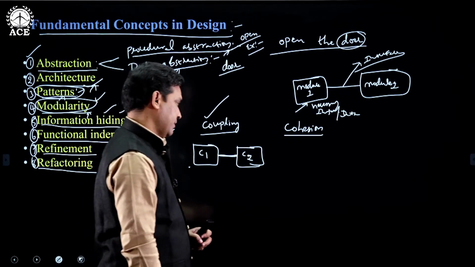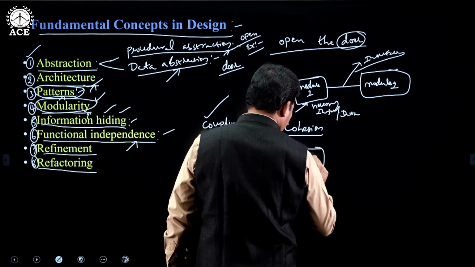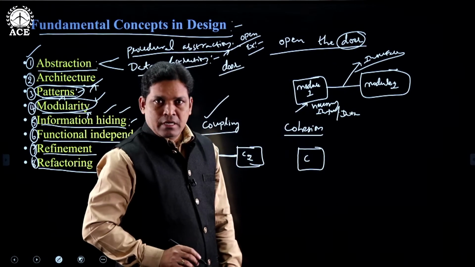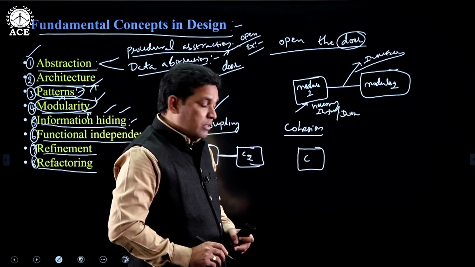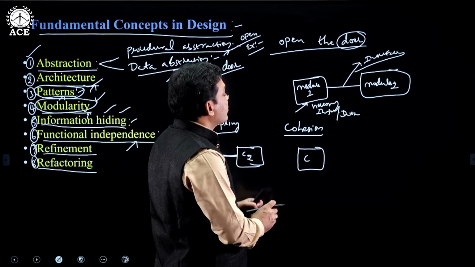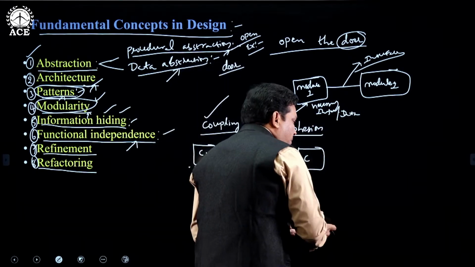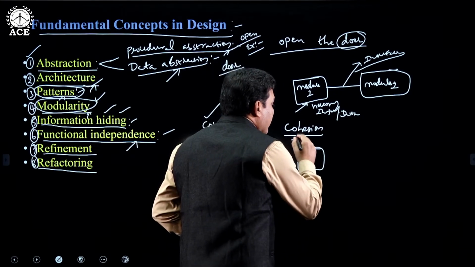Then what is cohesion? Let's take a single component, component C. When this component performs its operations on its own, without depending on neighbor components, such a concept we call cohesion.